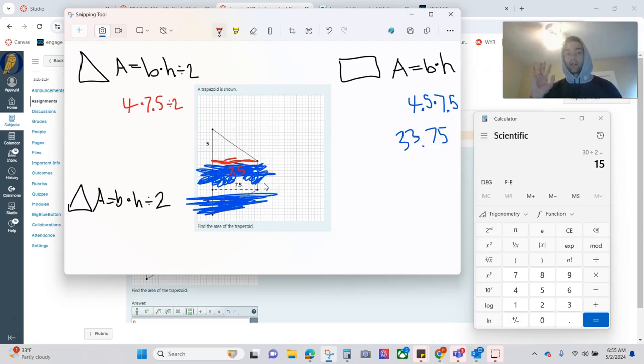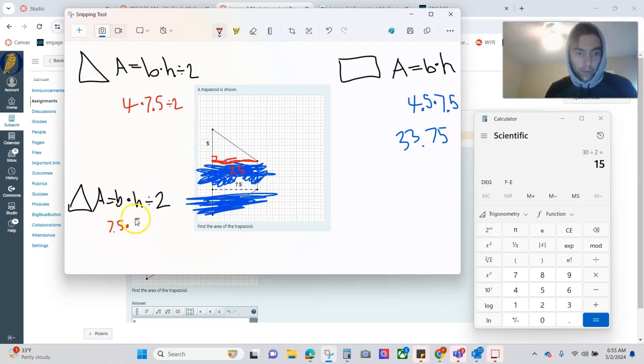Its dotted lines are not sides of the shape, but since we're only looking at this triangle, this dotted line, we can color over it and make it a normal line. Also, a base has to have the height coming out of it at a perpendicular, at a 90 degree, at a straight up and down angle, which it does, right there. So the base, you can say, is 7.5.